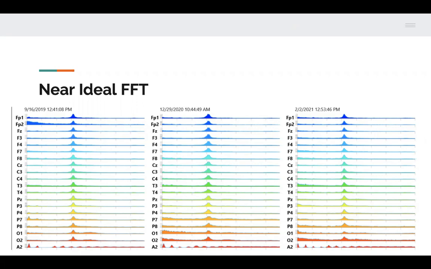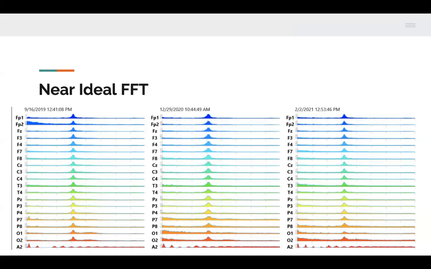So O1 is the electrode that records from the left side of the occipital lobe, and O2 is the one that records from the right side. The occipital lobe, I'm going to simplify it, but basically is responsible for vision. So you can see the pretty colors. That's your occipital lobe. You know, you can drive at night. That's the occipital lobe.